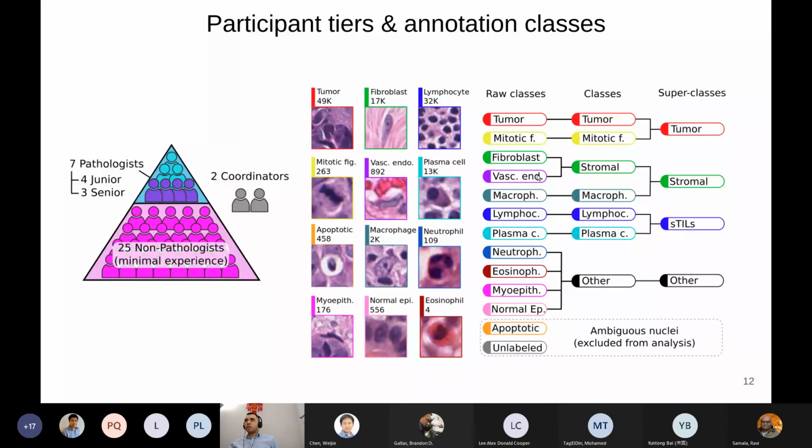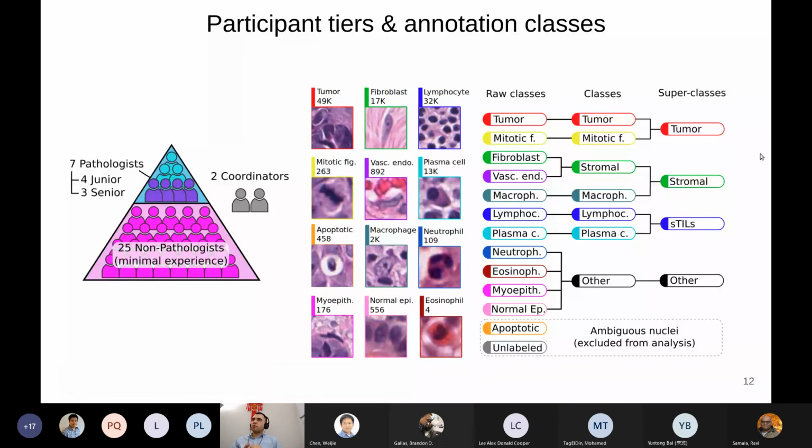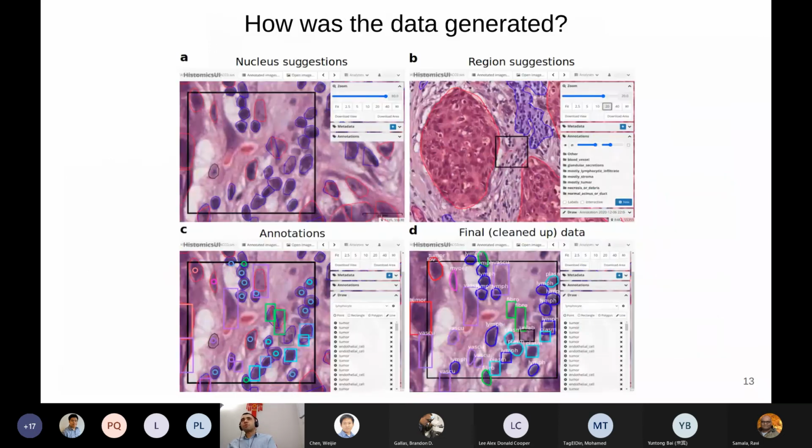One of the things we decided to do, reflected in our accuracy measures, is to group whatever people annotated based on clinical reasoning. This is also done in a lot of machine learning and object detection studies, which group classes into the main class set as well as super classes, which are what you really care about, what you really cannot get wrong. We also did that to see the utility of our crowdsourcing approach.